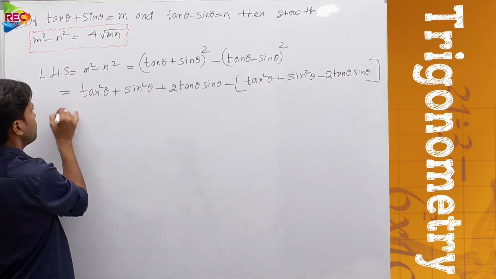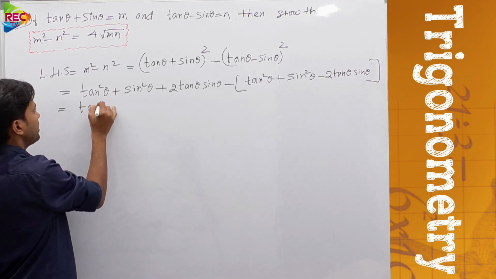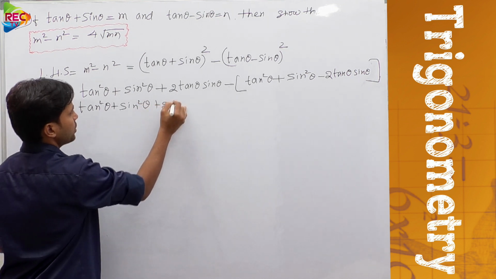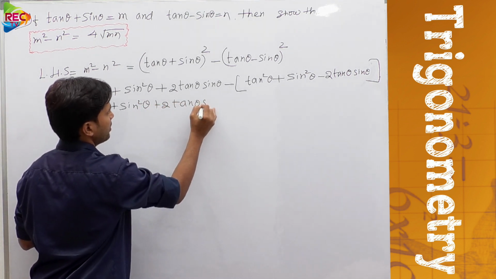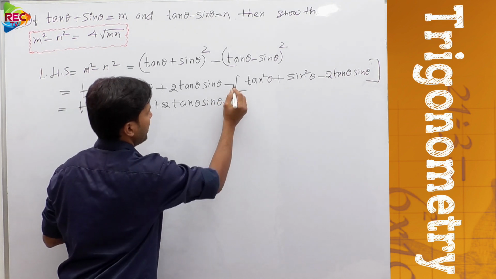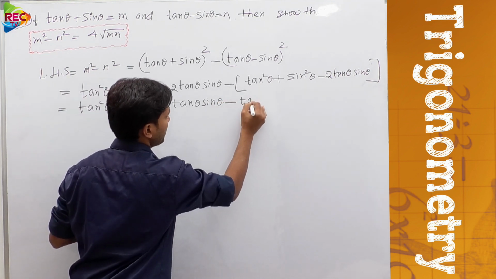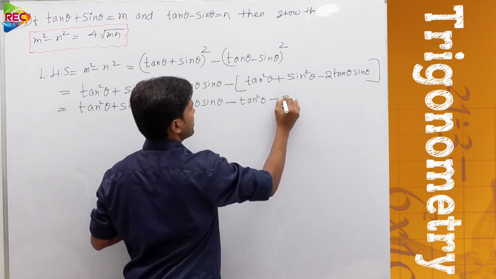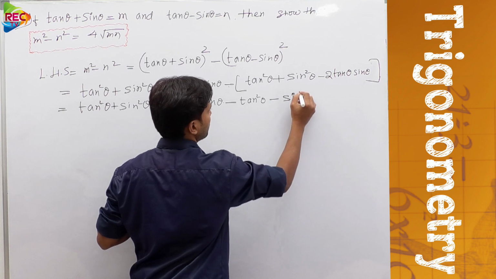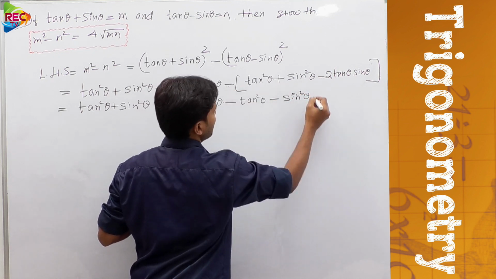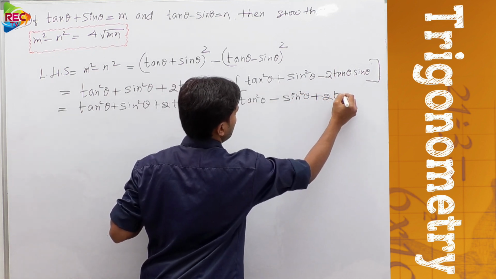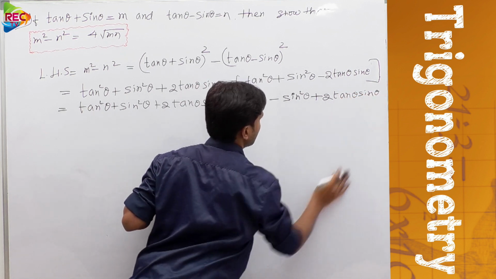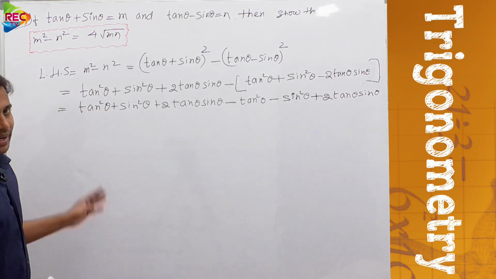So again we will do this: tan square theta plus sin square theta plus 2 tan theta sin theta, minus into plus minus tan square theta, minus into plus minus sin square theta, minus into minus plus 2 tan theta sin theta. Now we open the bracket.